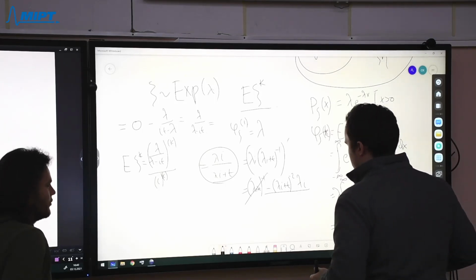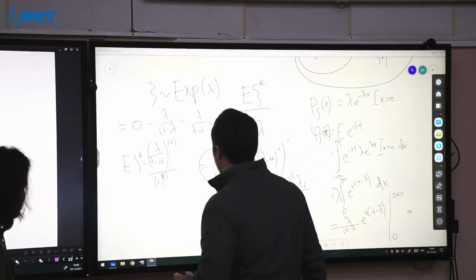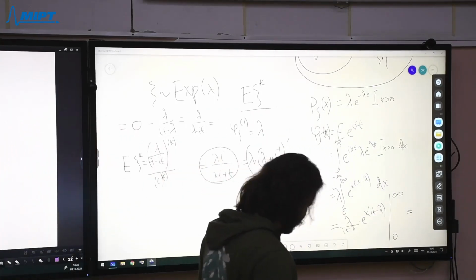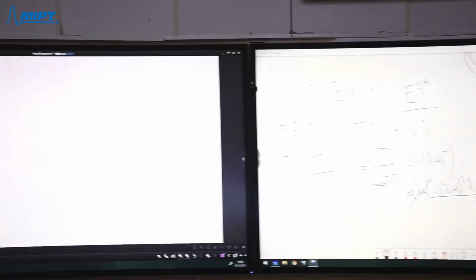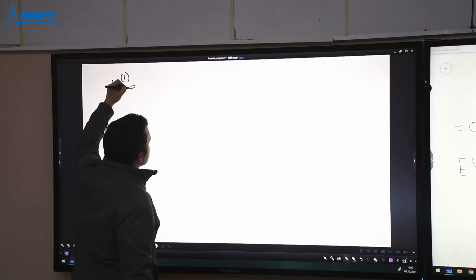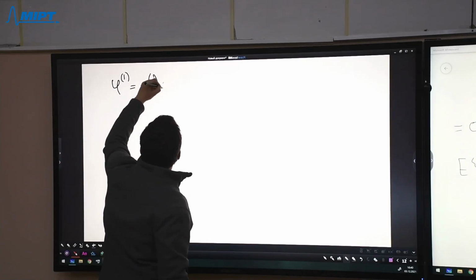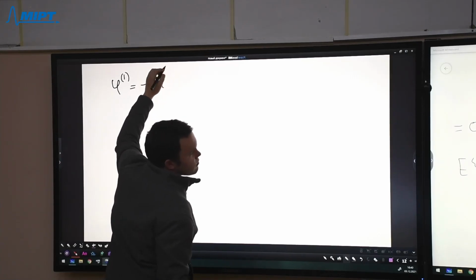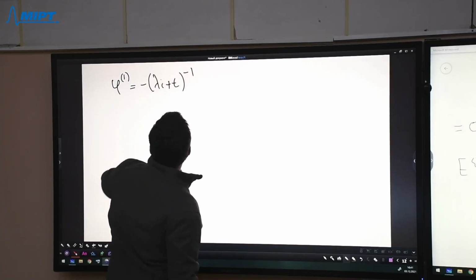Let's find the next one. So we have that the first derivative is equal to minus lambda I times (lambda I plus t) to the minus 1.